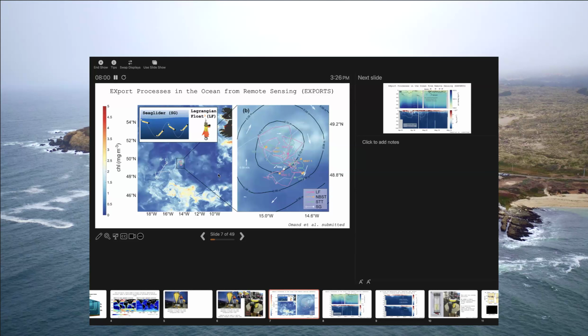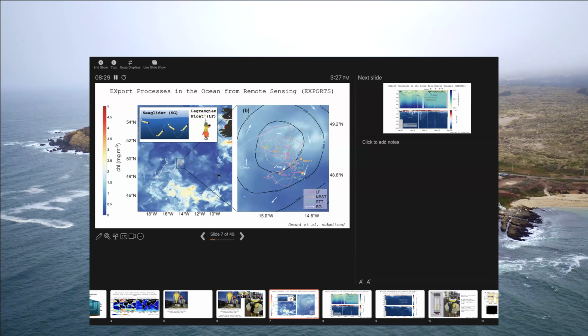When you're in a Lagrangian frame, when you see a change now, you are better equipped to interpret that change as a local change. And for me, I'm interested in local changes that are associated with the biogeochemical or biological processes such as productivity, mortality, and carbon export.